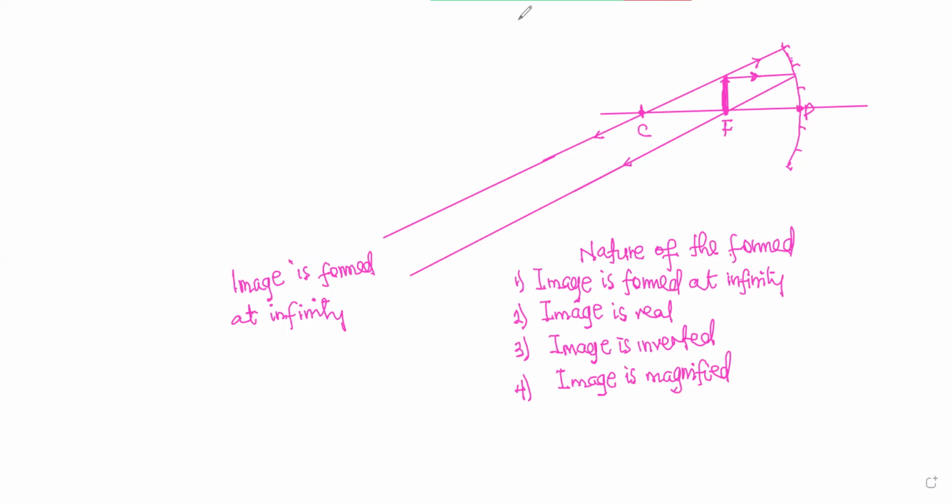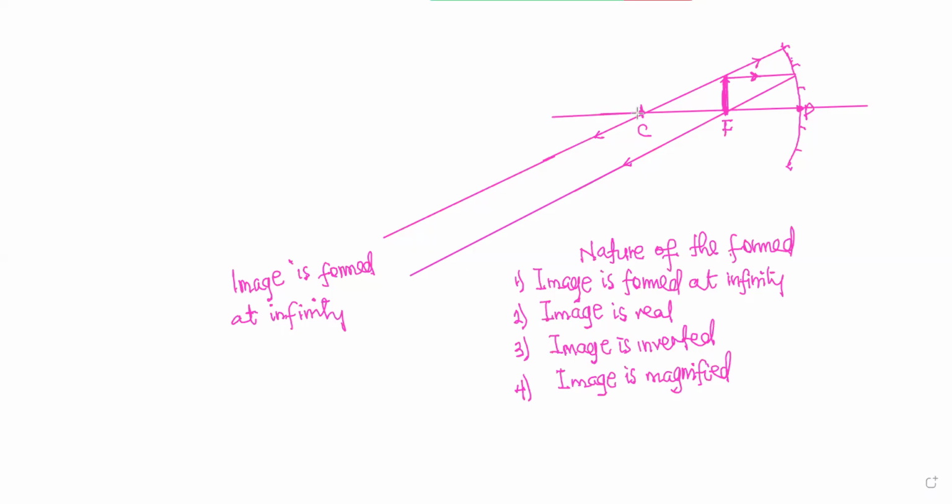Okay. Sir. How do we know that the image will be real and will be magnified? Sir, please, I don't know. The simple answer. Okay. Then I have to answer. All right.